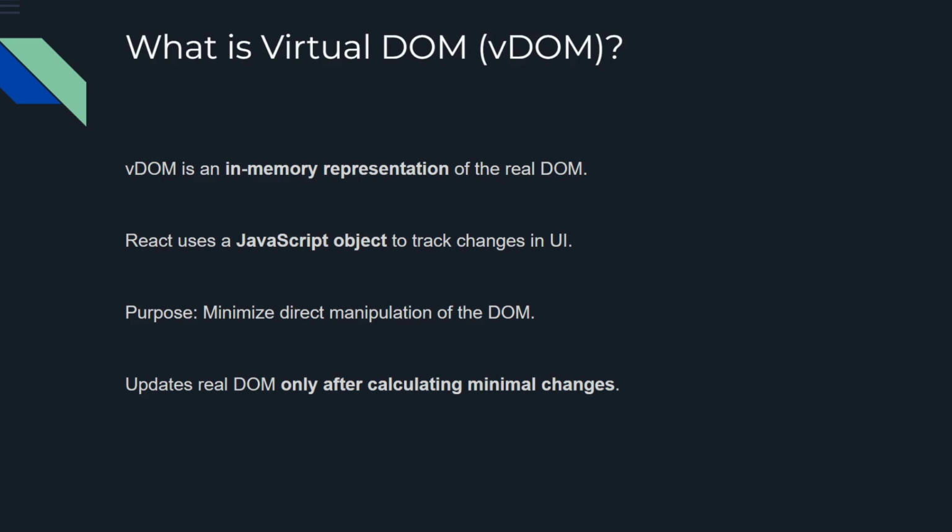Now, update the real DOM only after calculating the minimal change. As I told you, firstly it calculates the minimal change, whatever changes are done. Suppose only one paragraph is changed. It will only make the change in that particular paragraph tag. It will not make any update in anything else. So that's how the virtual DOM is a very useful and optimized version of rendering.